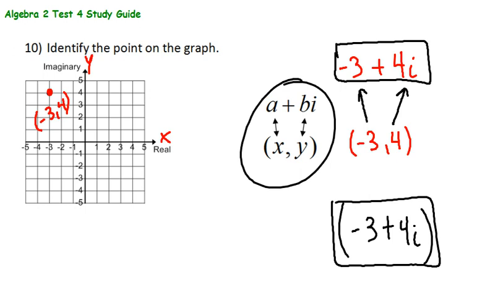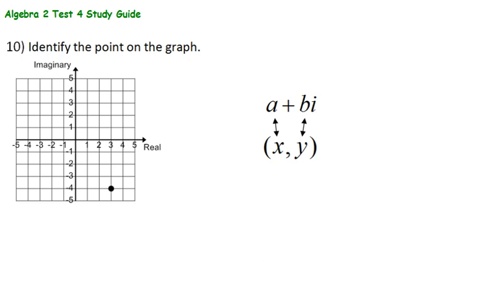Okay, well, let's see what you got. We're looking for this particular point right here. So what's this guy's name? Well, again, if we were thinking in normal x, y, it would be 3 to the right, comma, 4 down. So that would actually be 3, negative 4.